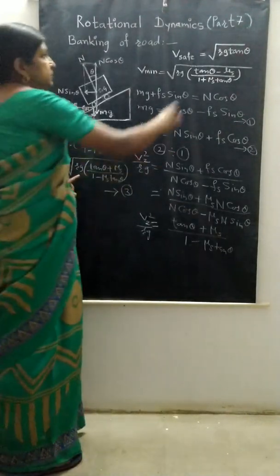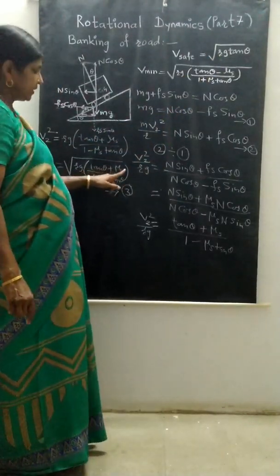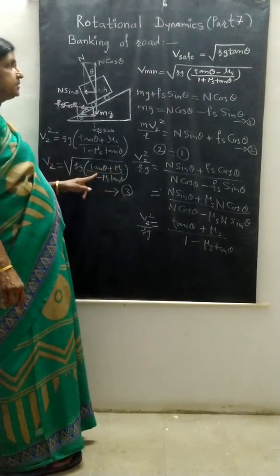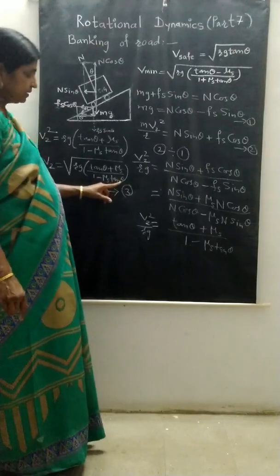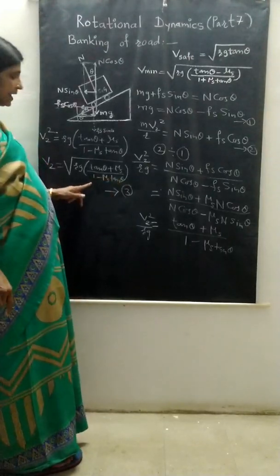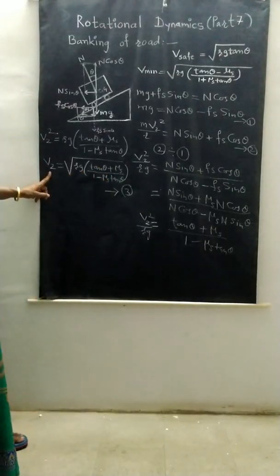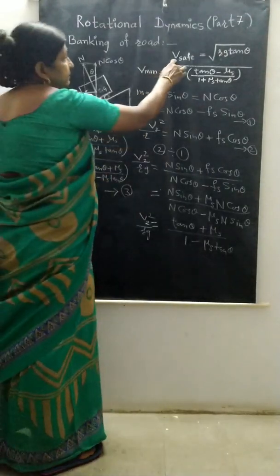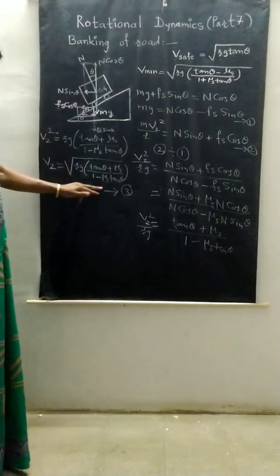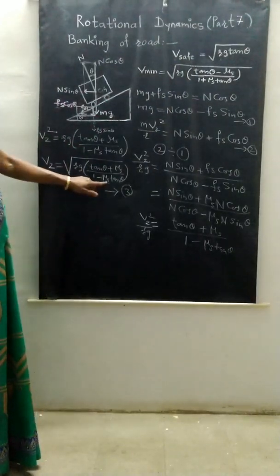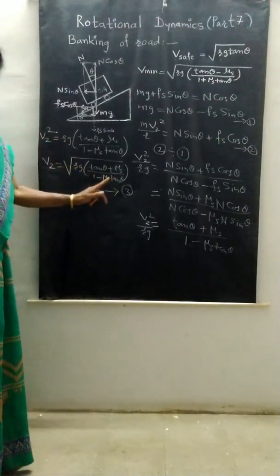When we compare these two equations, in the numerator there is tan theta plus something, means numerator has been increased, and in the denominator there is 1 minus something, that is denominator has been decreased, so that the value of V2 will be greater than this V1. Here, if we make this mu s into tan theta equal to 1, then the denominator becomes 0.